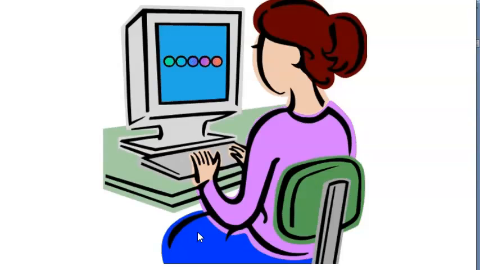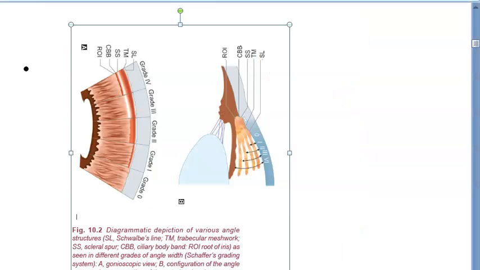So guys, how will you know that this angle which we are talking so much about, it is open or not? How will you know? So basically, look at this here, you will do gonioscopy and you can see some things, right? What can you see? You can see Schwalbe's line, right? SL, then you can see trabecular meshwork, then you can see scleral spur, then you can see the CBB, that is the ciliary body band, and then ROI, that's the root of iris.